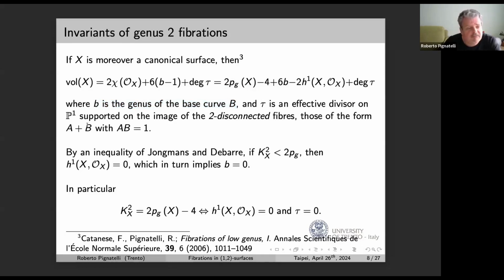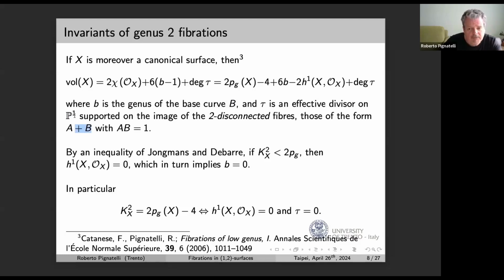And so tau is an effective divisor on B, so this P1 is wrong. This should be B, because this is for every, oh god, there are too many B's here, so sorry, it's the base curve P, it's different from this B, sorry. I hope it's clear.